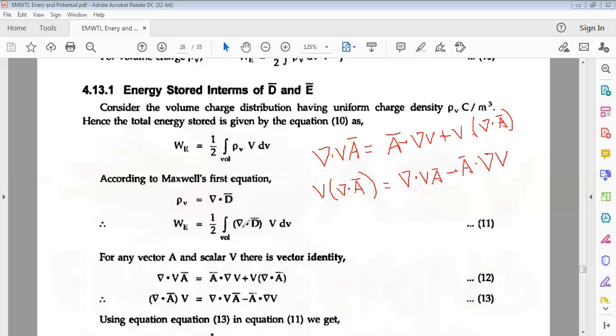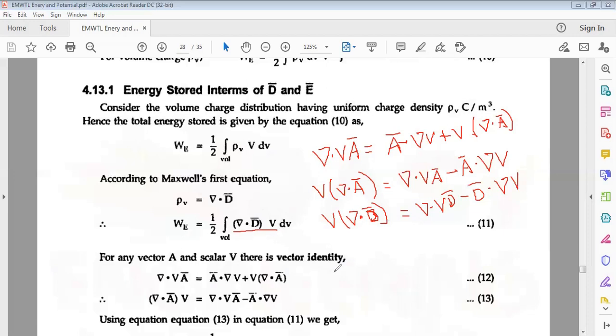In this equation, the same thing with del dot d bar into v, so v into del dot d bar. Suppose I take this function d bar and v is multiplied, the total function is rewritten as del dot (v d bar) minus d bar dot del v.